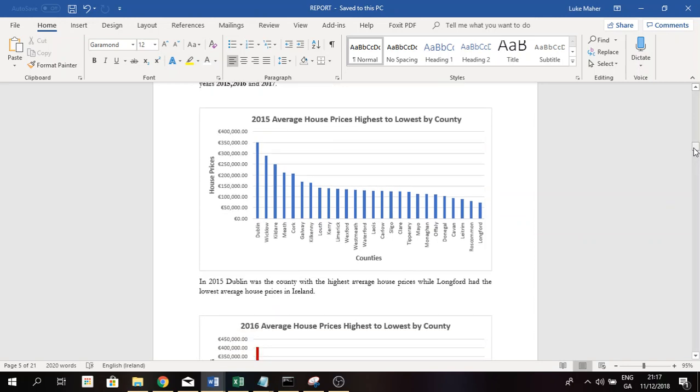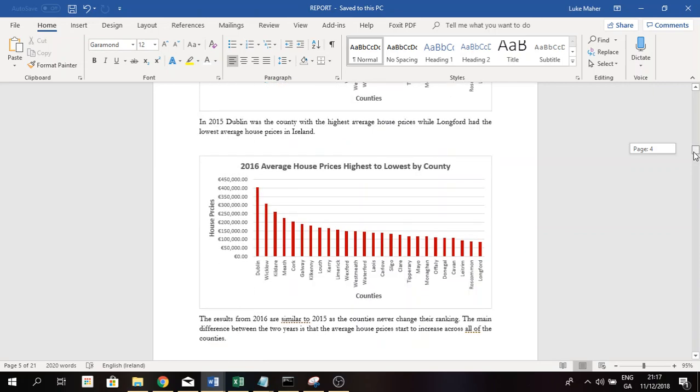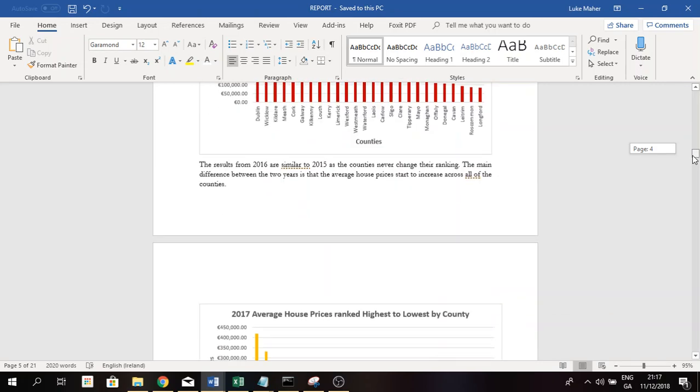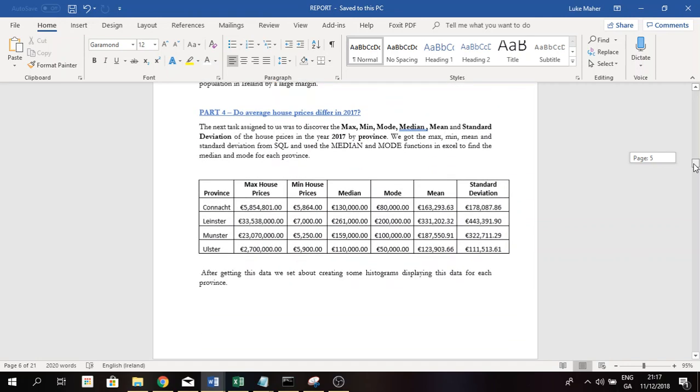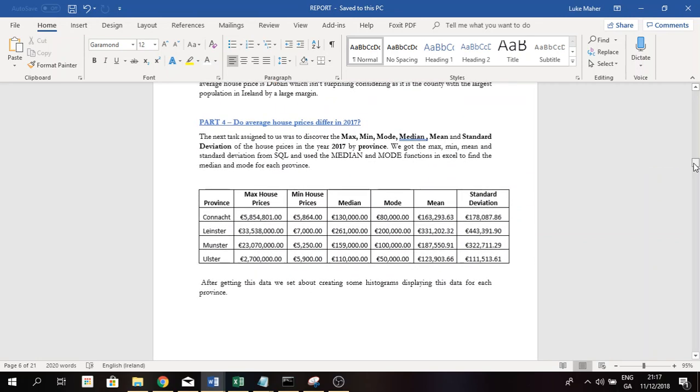You see Dublin here is the largest, has the highest average house price, and it's very much the same. The counties don't change their ranking within the highest to lowest in the 3 years that we looked at.